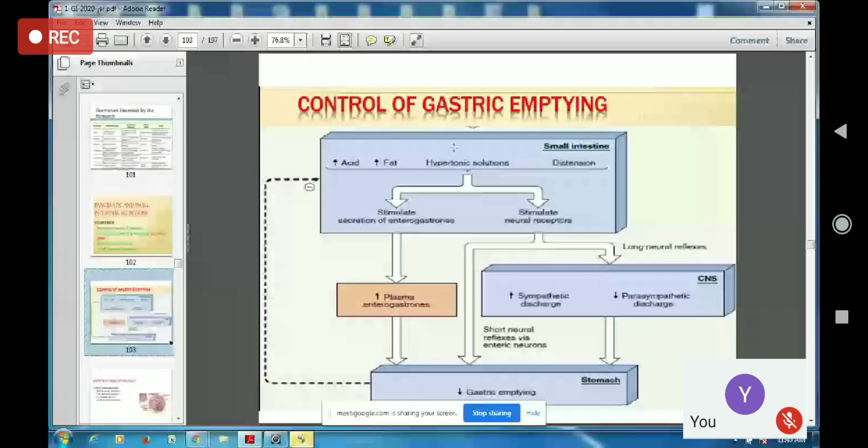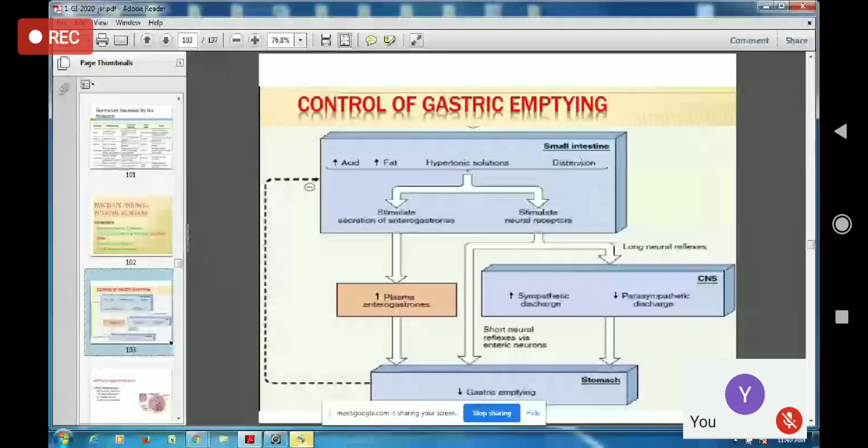The tonicity is in comparison to plasma. If it is hypertonic, then hormones will be produced, that is cholecystokinin and secretin. It will stimulate the neural receptors. If there is distension in the small intestine, these are the factors which affect gastric emptying.